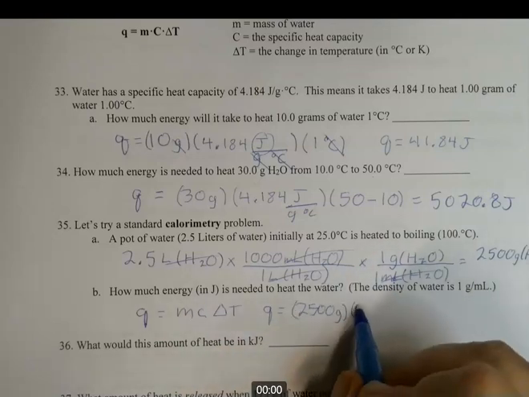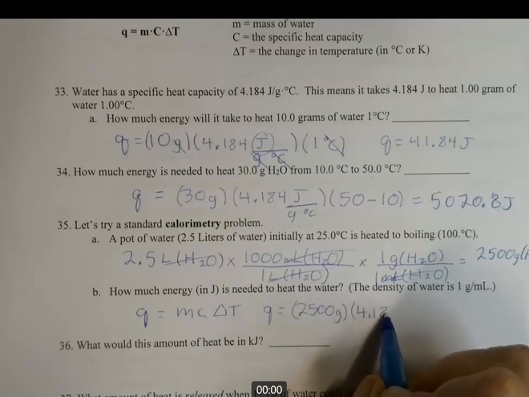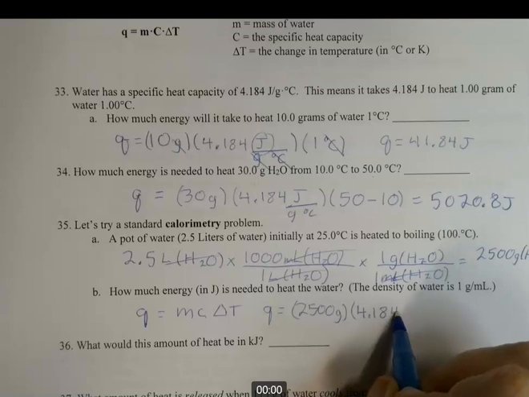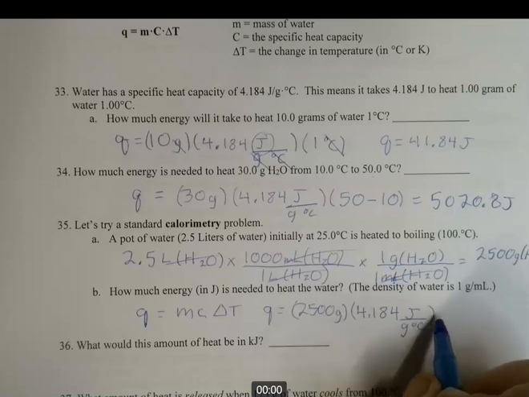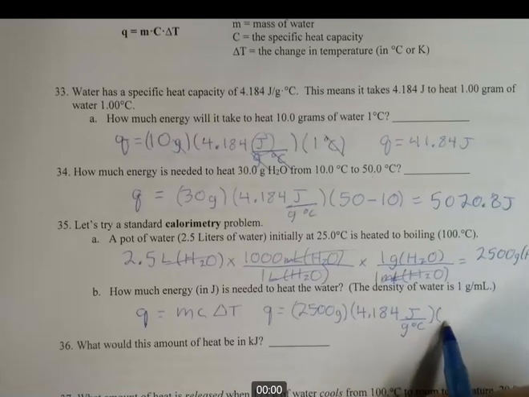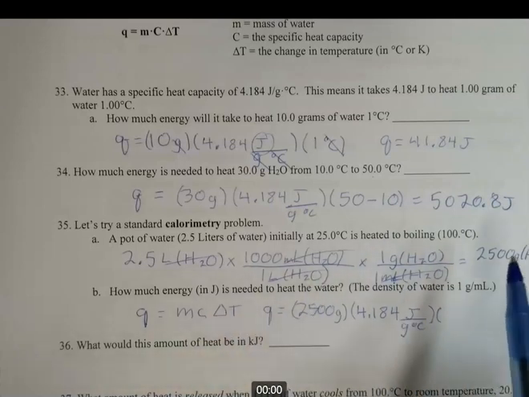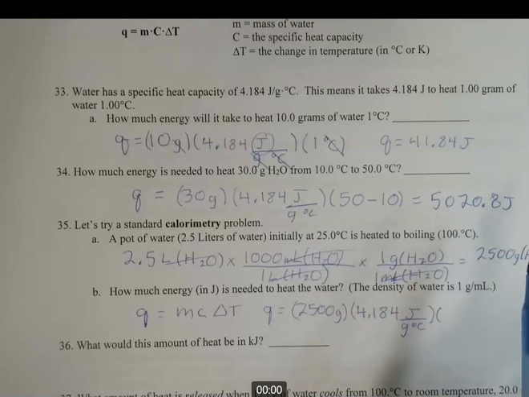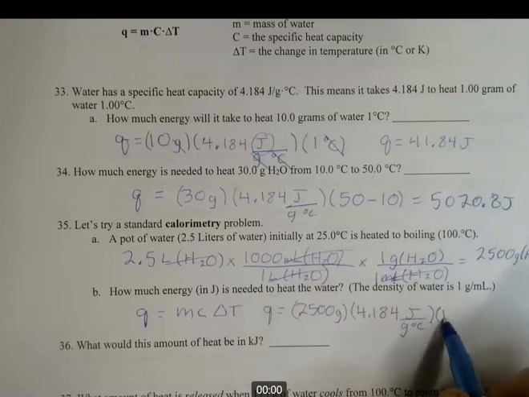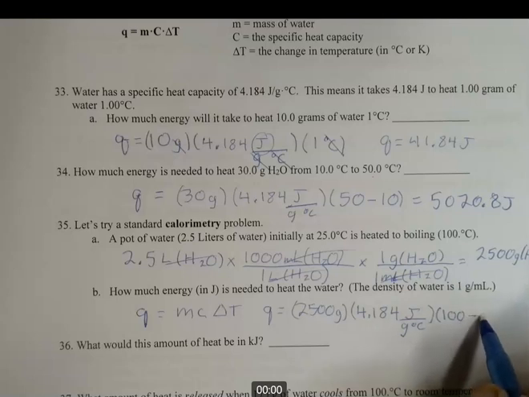Specific heat of water is 4.184. You'll learn that number quickly. And that's joules per gram per degree centigrade. And then the delta T is going to be from 25 C to 100 degrees C. So the final goes first: it's temperature final minus temperature initial. That means it's going to be a positive number.